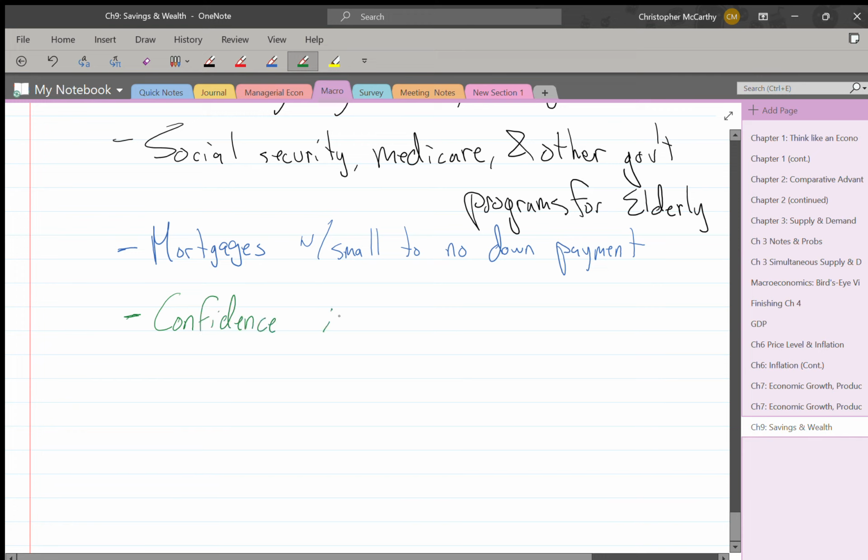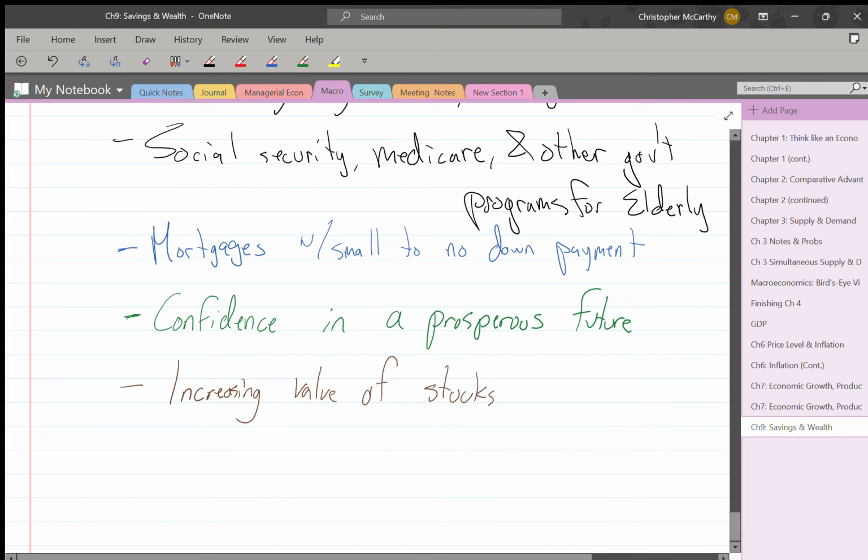We're just confident in a prosperous future. Of course I'm going to make more money next year. Of course I'm going to make more money when I graduate. You know, the sun will come out tomorrow. And increasing value of stocks, or growing home values.